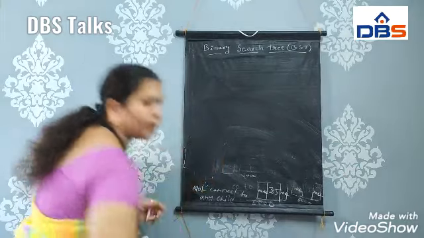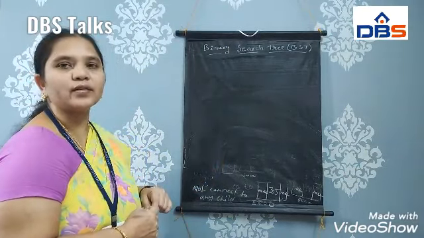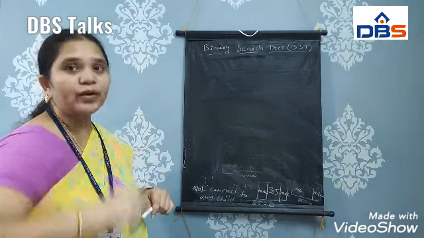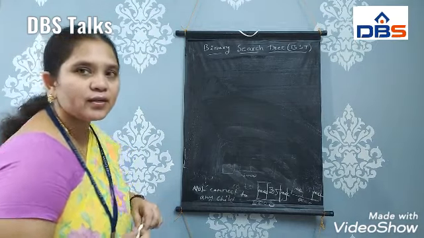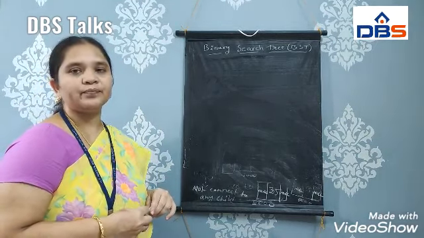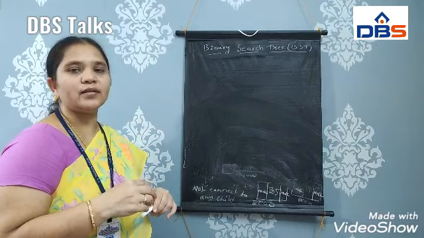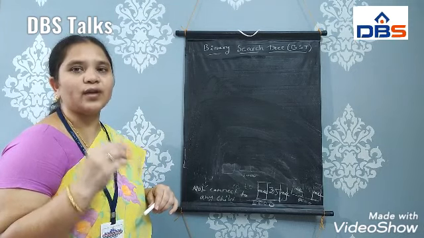Now, how to create the node? By using self-referential structures. But what is the syntax to create the node by using self-referential structures? So, we are using the structure concept. The keyword of structure is struct.